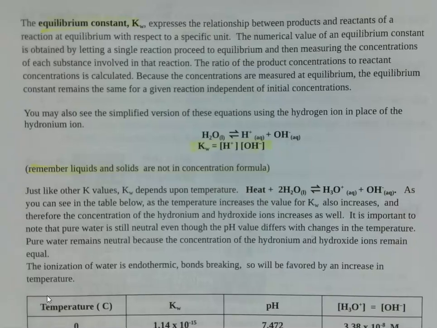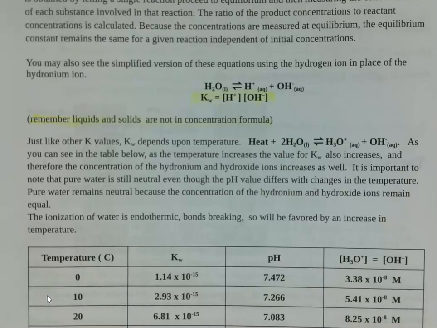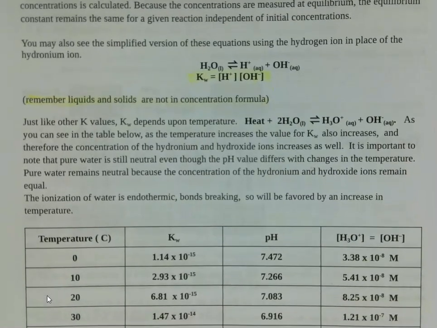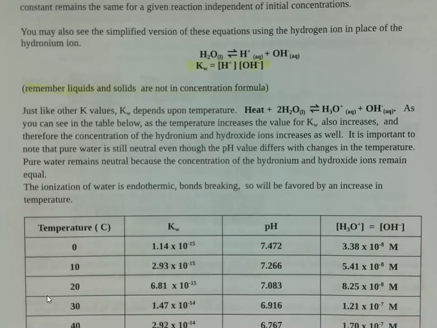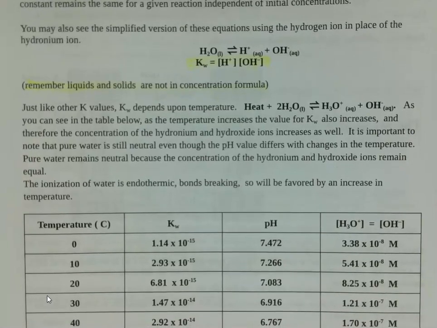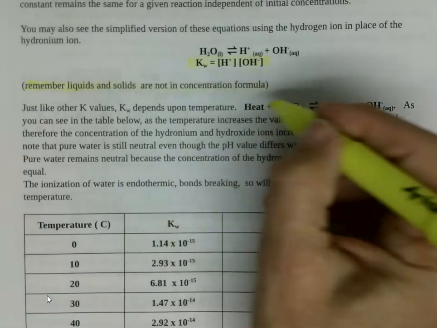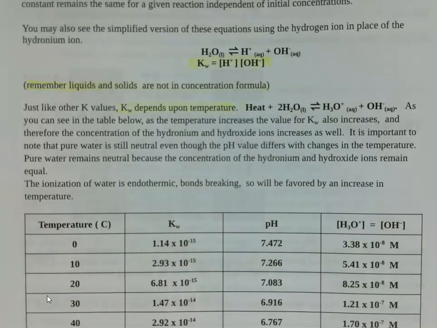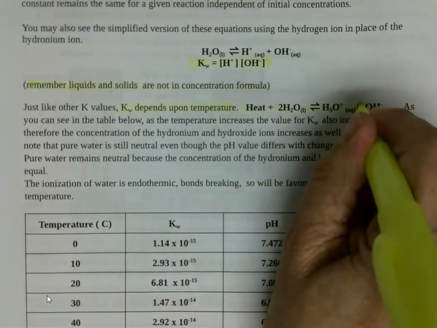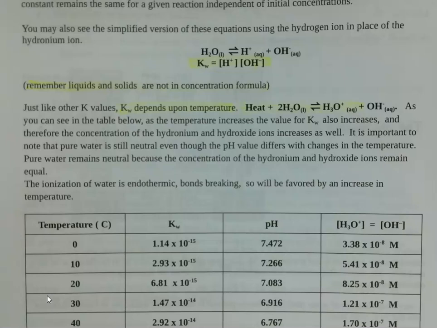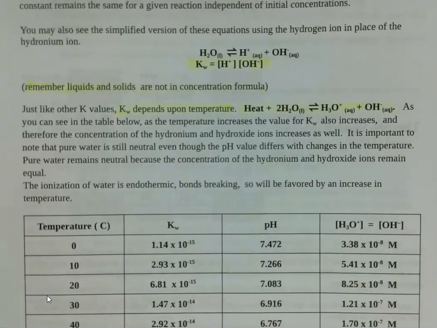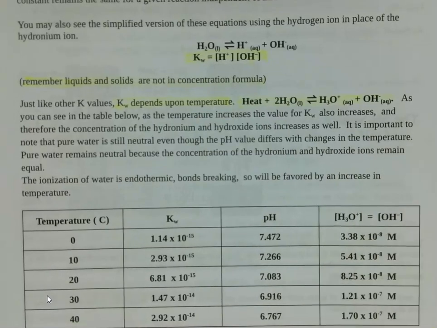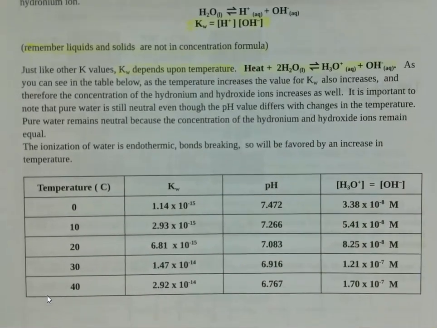And then I mentioned earlier that your pH was based on 25 degrees Celsius. So let me just show you real quick here. This KW does depend upon temperature, and the auto-ionization of water is an endothermic reaction. And so there is a table of values here.